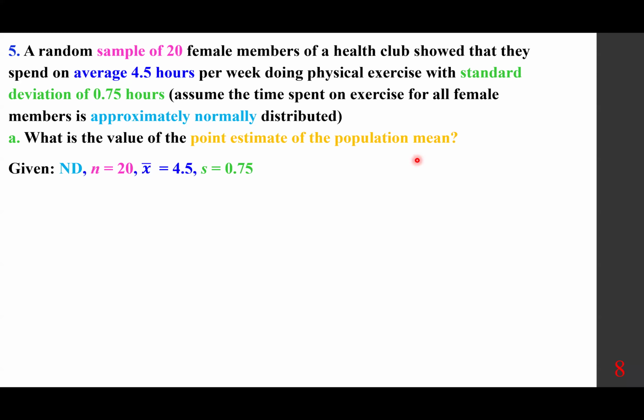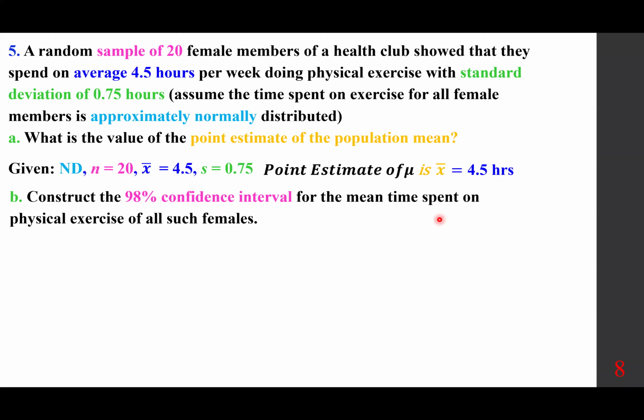The point estimate for population mean, mu, is always X bar. Is X bar given? Yes, 4.5, that's your answer, and you're done.